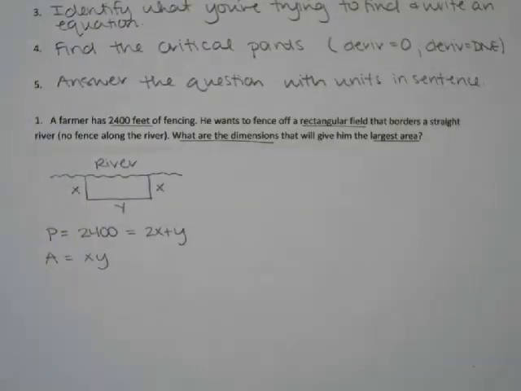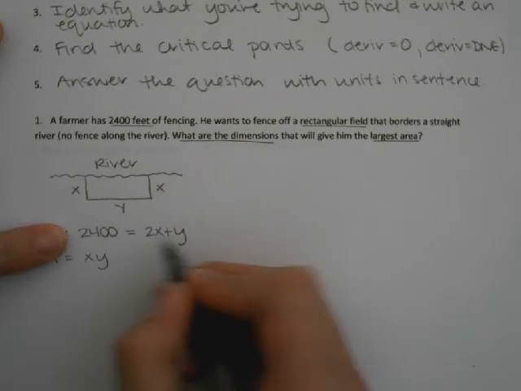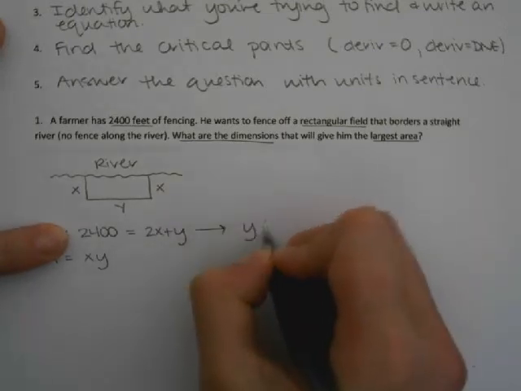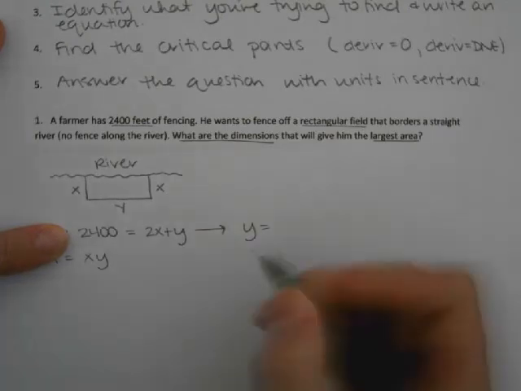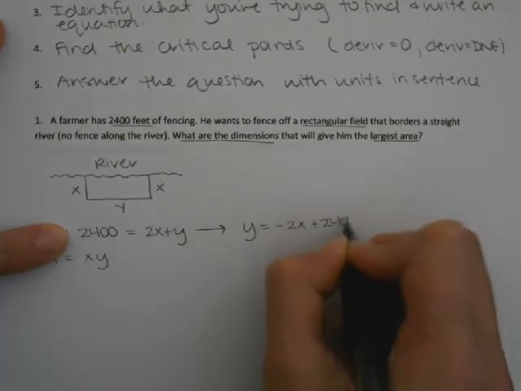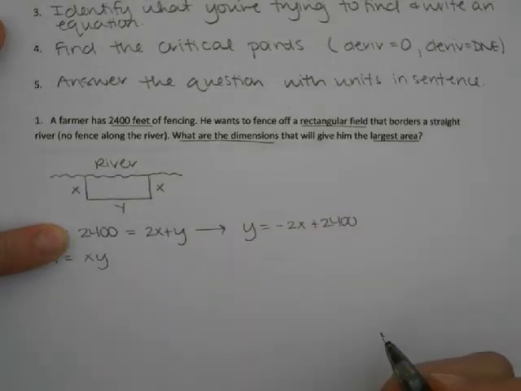So for me, I can write an equation where I relate these two things together. I know that 2x plus y equals 2,400, so I can isolate y fairly easily, and I can say that y would equal negative 2x plus 2,400. So that's just me taking this 2x and subtracting it over to the other side.